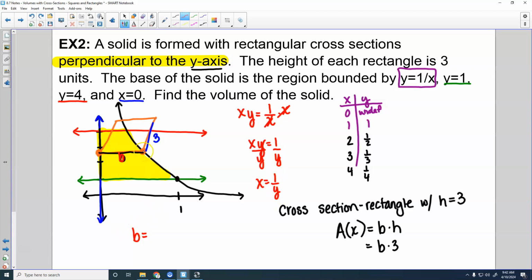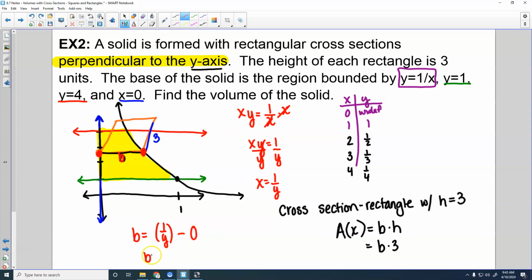So B would be 1 over Y, which is this point right here, minus the point over here. That boundary is just on the vertical y-axis there. What is your x value there? 0. So minus 0. You'll notice if it goes all the way to the line, you don't have to put anything there.